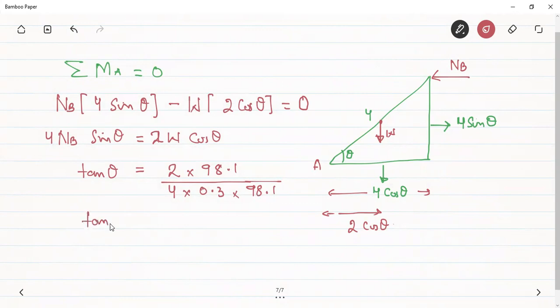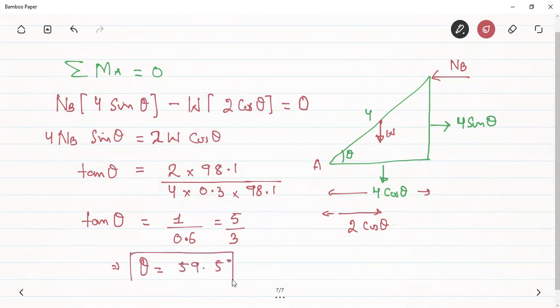After solving this, we get tan theta equal to 1 by 0.6. So theta is roughly 59.5 degrees. At this inclination, the ladder will be just about to slip.